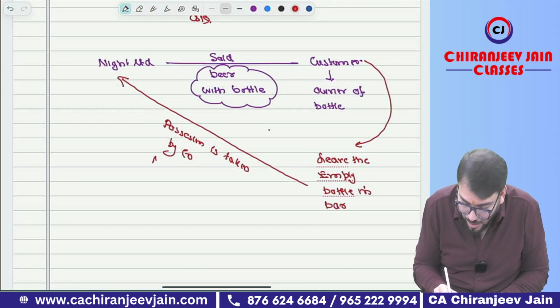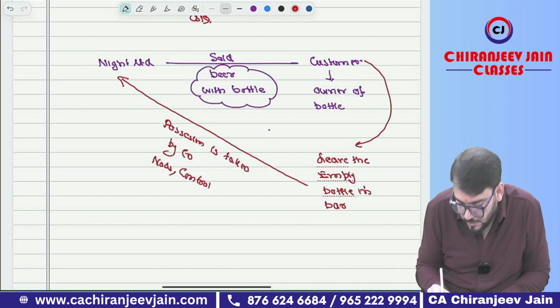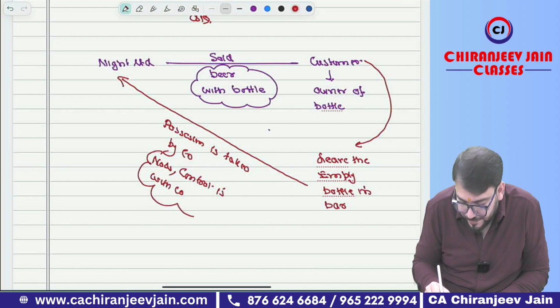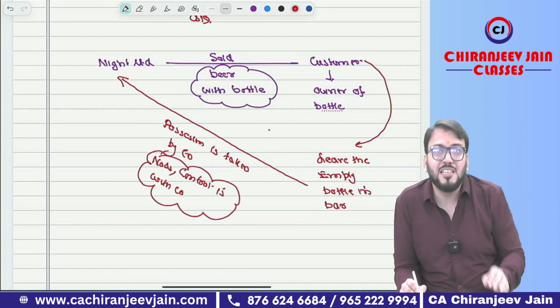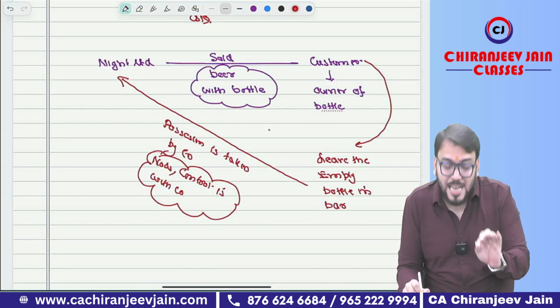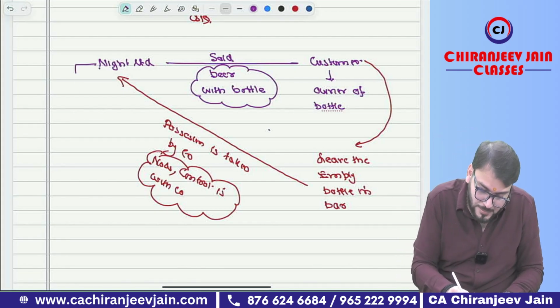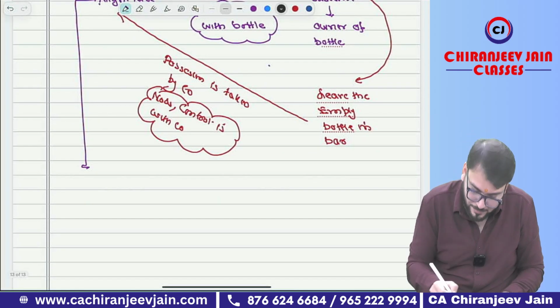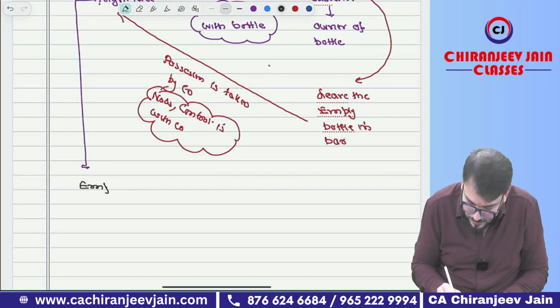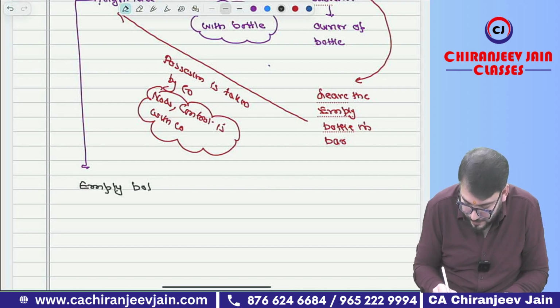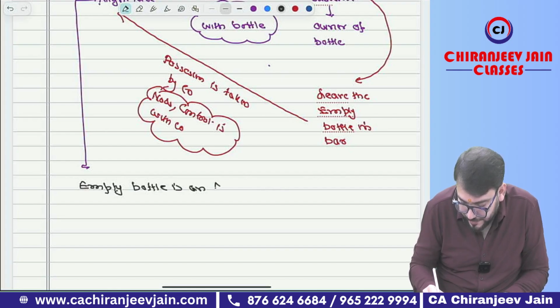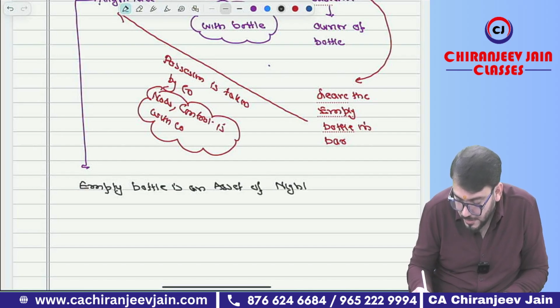It means now control is with the company. So my question to you is, is this empty bottle an asset or not? Yes, the empty bottle is now an asset of Night Limited.